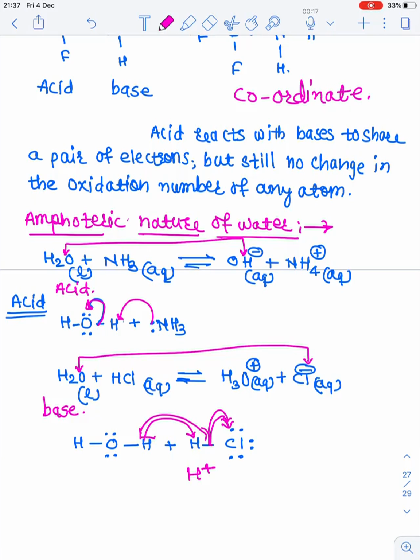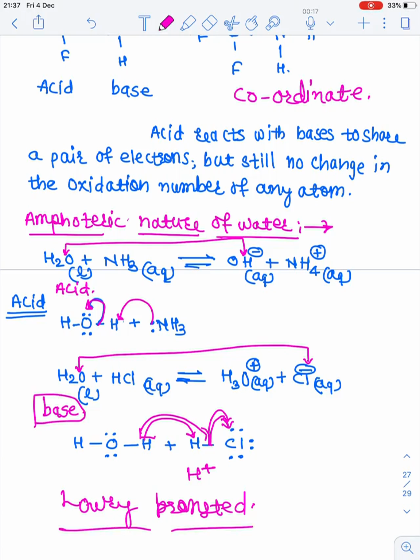Therefore according to the Lowry-Bronsted concept, here the H2O molecule acts as a base. Thus according to the Lowry-Bronsted concept, this water molecule acts as an acid as well as a base, therefore it is amphoteric in nature.